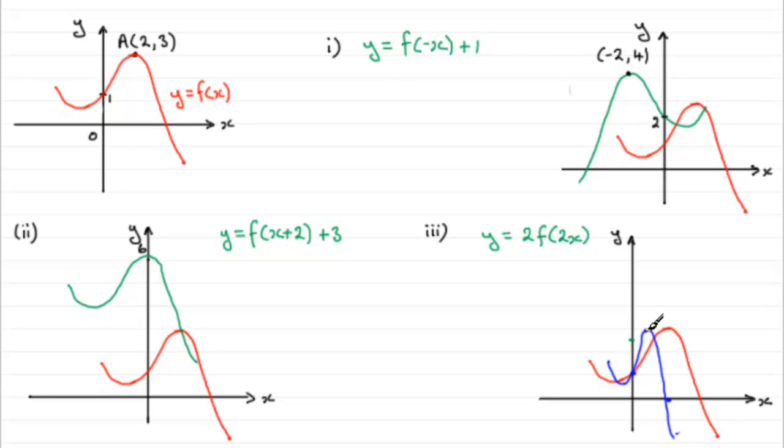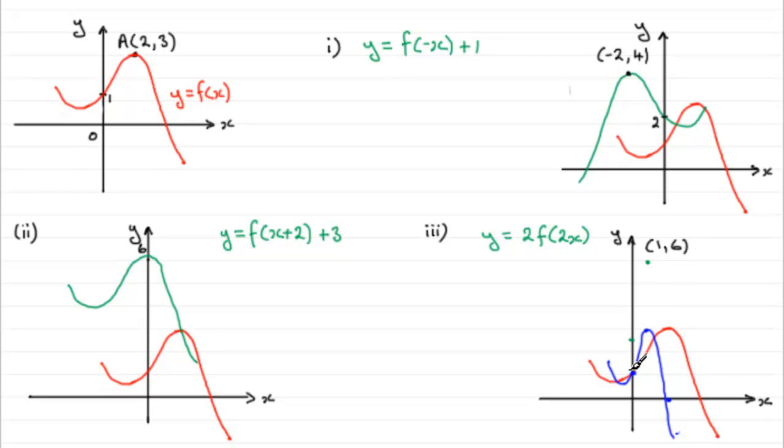This point here, the maximum, remember it was originally here at 2, 3, it now is at 1, 3, and then we pull it out by a factor of 2. So instead of being at 1, 3, it is now at 1, 6. So we'll assume it's that point there. Let's just mark that in as the point at 1, 6.